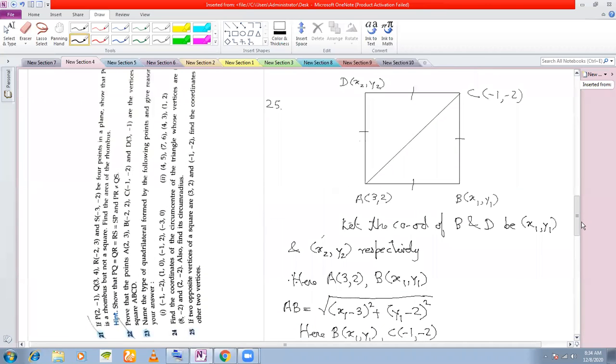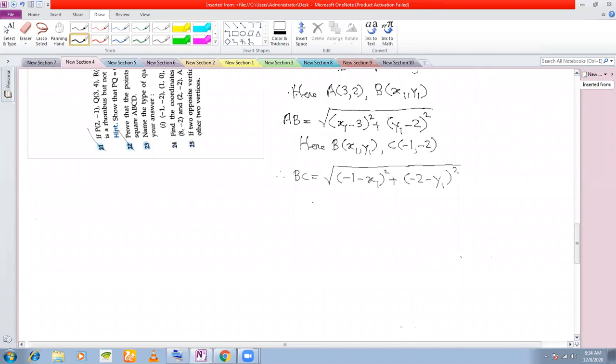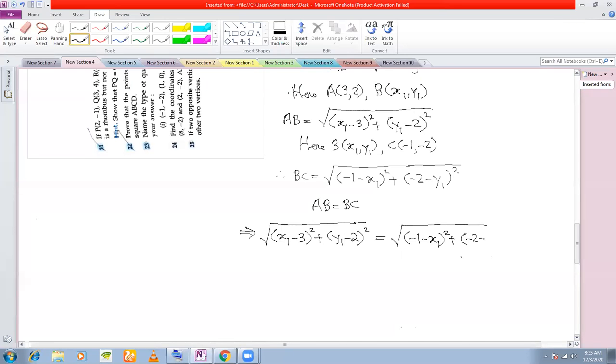We know that this is a square, so AB must be equal to BC. It means root over of x1 minus 3 square plus y1 minus 2 square is equal to square root of minus 1 minus x1 square plus minus 2 minus y1 square.